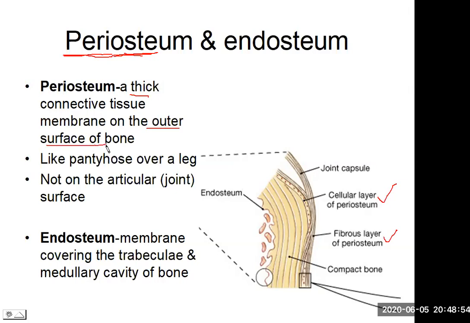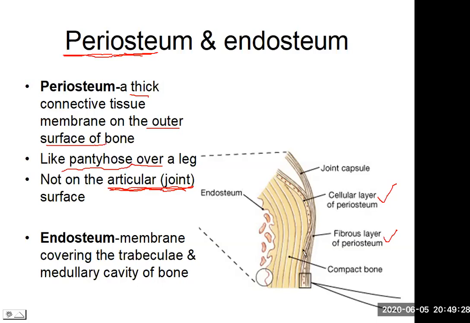So it's tightly bonded and held onto the surface and follows every curve and contour, hence the analogy right here, tight-fitting bond right on the surface of the bone. However, the exception is periosteum is not found at the joint surfaces. Instead, we'll see another type of tissue capping the surface of the bones at the joint surfaces. And there's a few bones that completely lack periosteum, and we'll point out that exception.